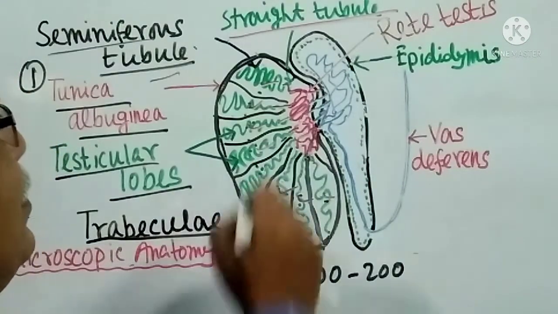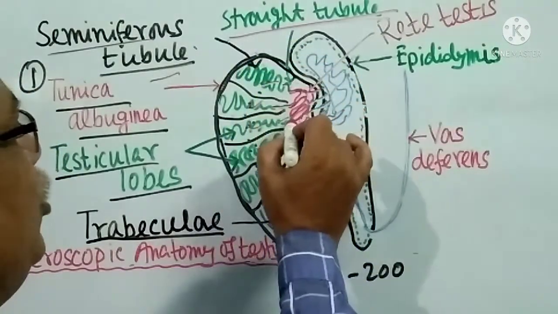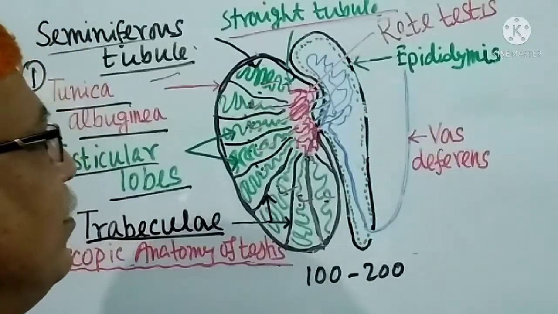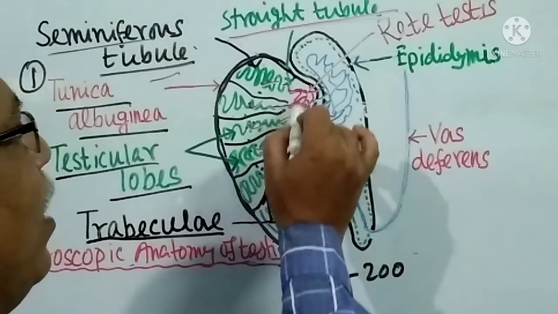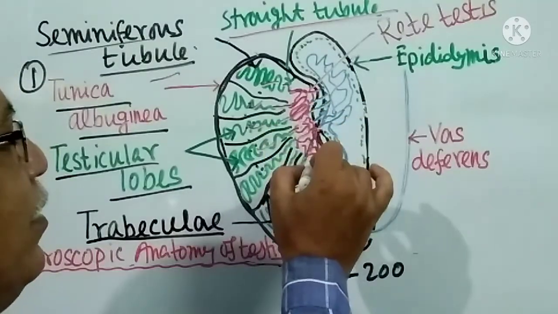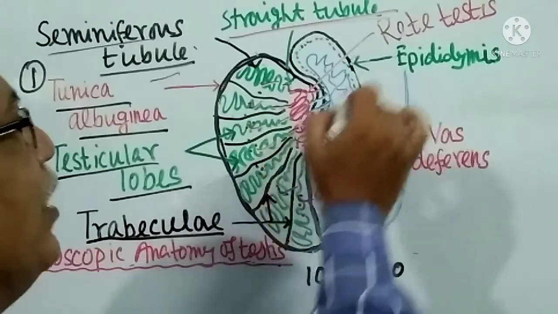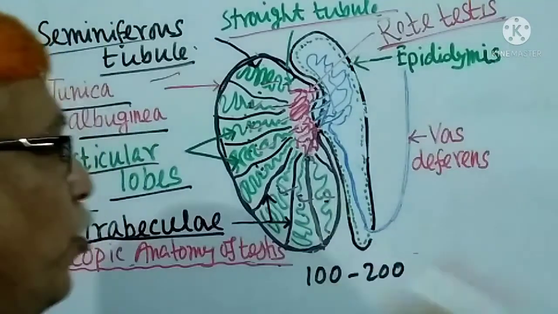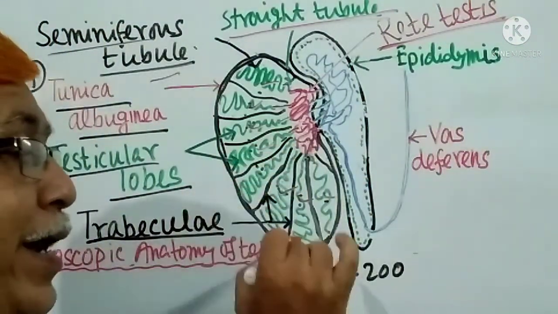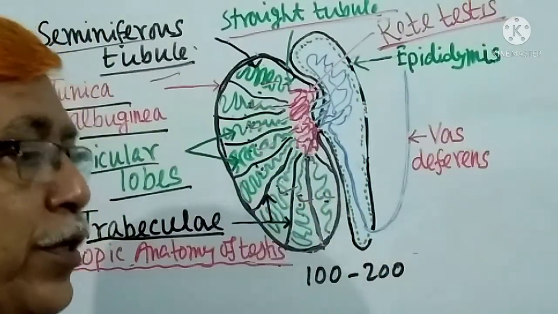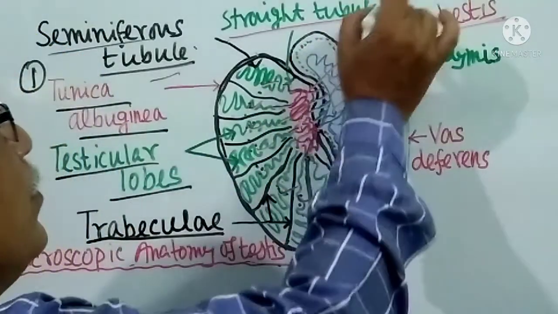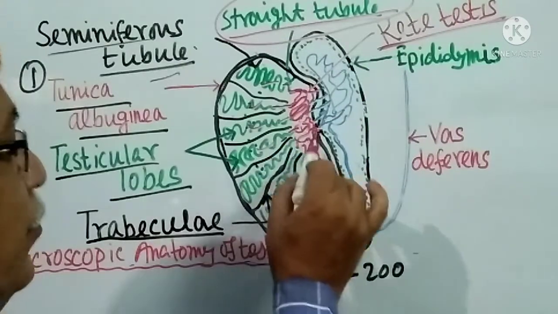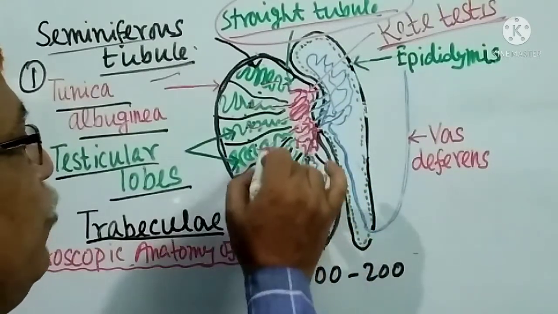And these straight tubules again unite with each other to form a reticular structure, and this reticular structure is called rete testis.